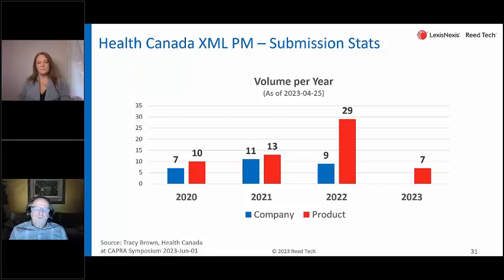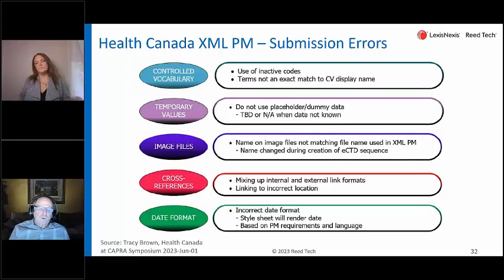Now, from these particular submissions and some of the samples that were sent, Tracy did collect a list of common errors, things that pop up repeatedly. So these would be things that you want to be aware of and make sure that you do a good job in addressing these particular areas. We won't go into all the details, but they're related to control vocabulary.